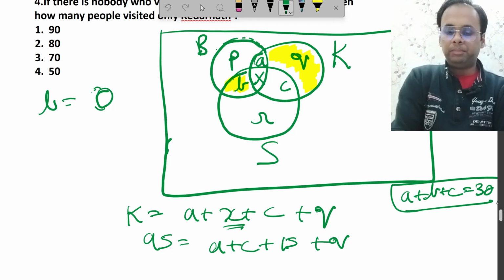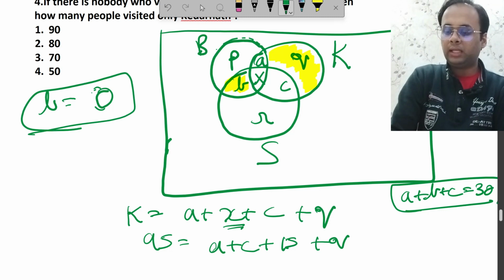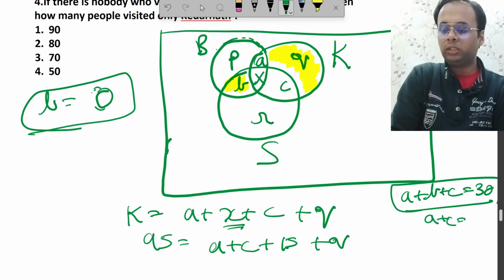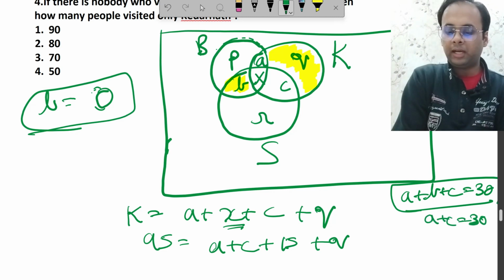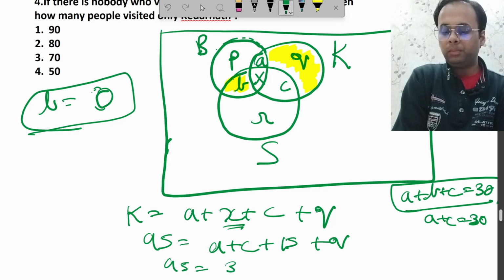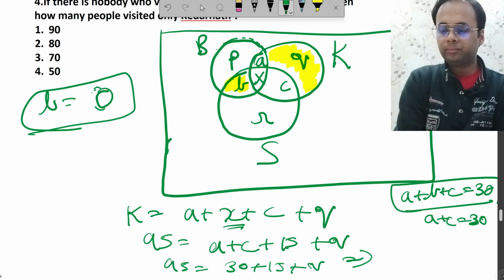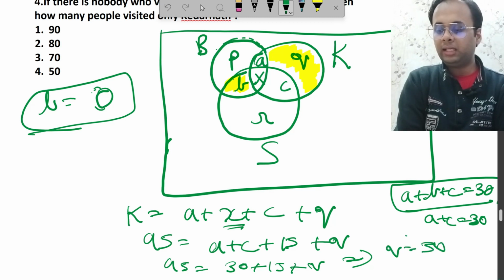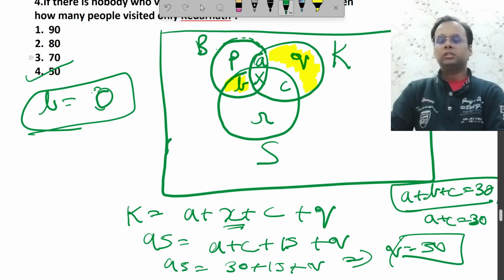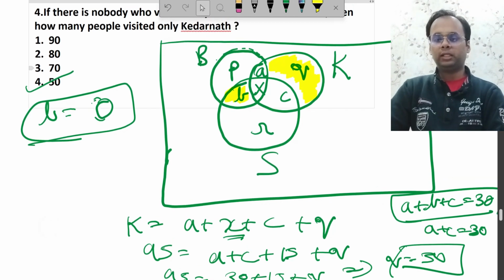It is given that B is 0, so in this case A plus C is equal to 30. So 95 equals 30 plus 15 plus Q, which means Q becomes 50. So that is the answer here. It is 50. So 50 people have visited only Kedarnath.